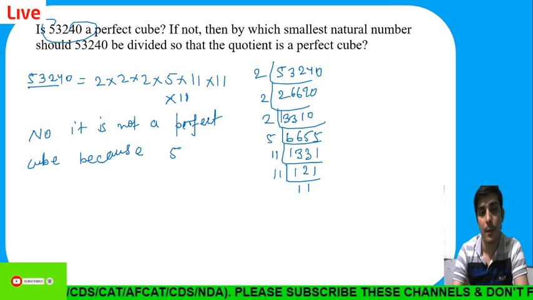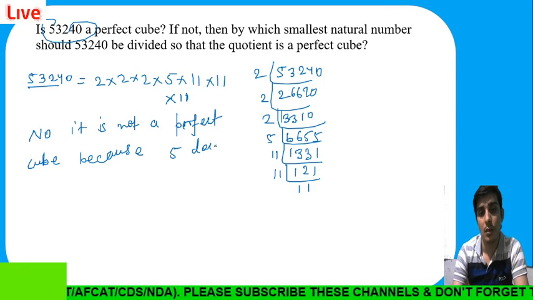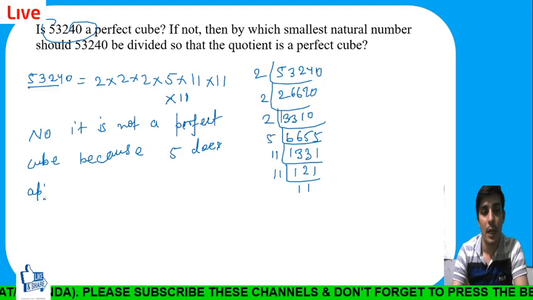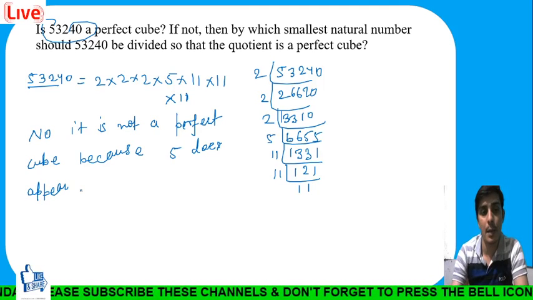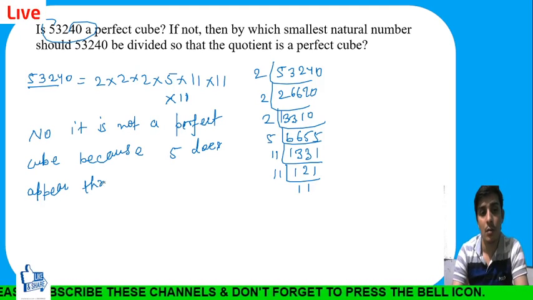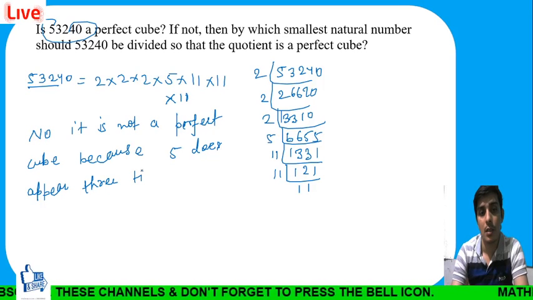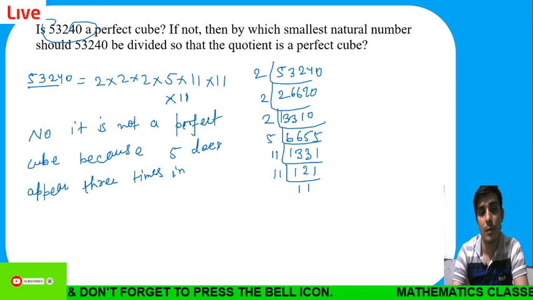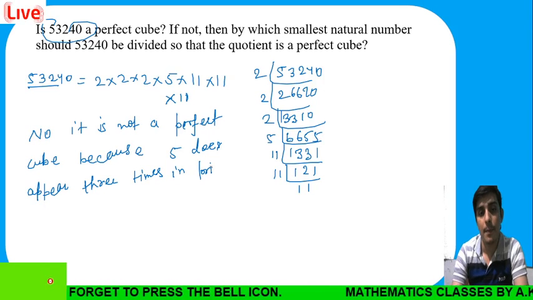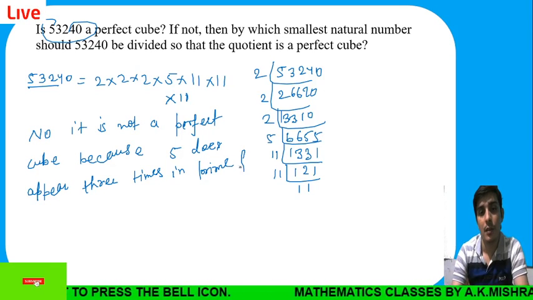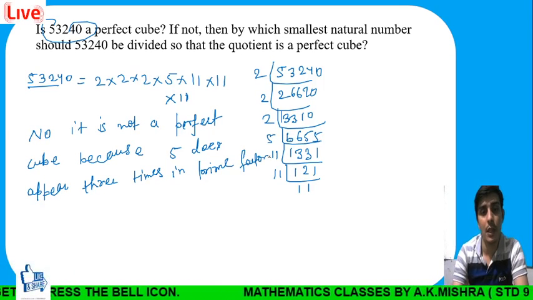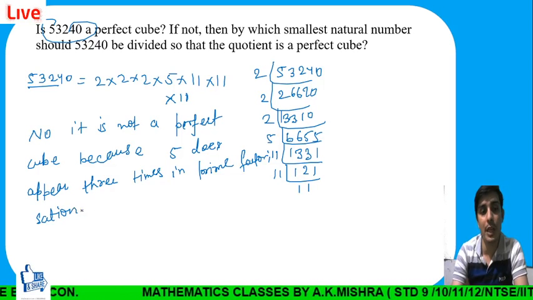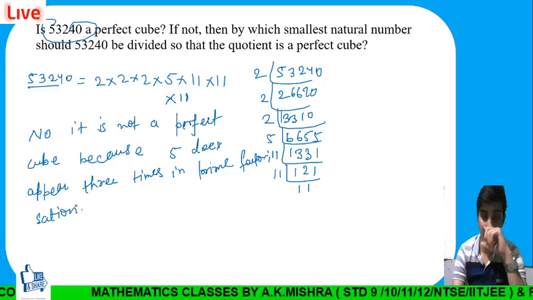Because 5 does not appear 3 times in the prime factorization.